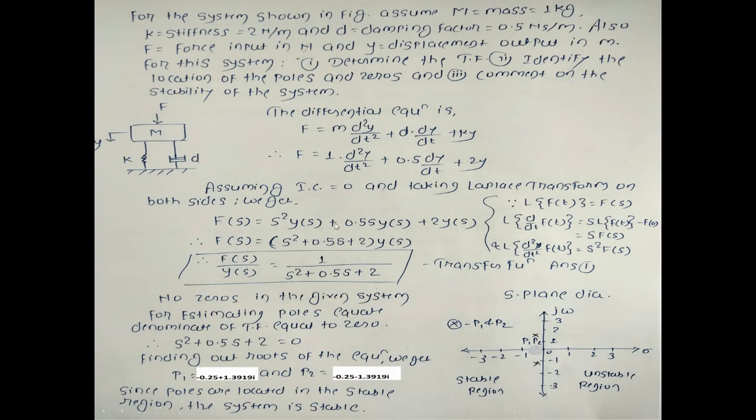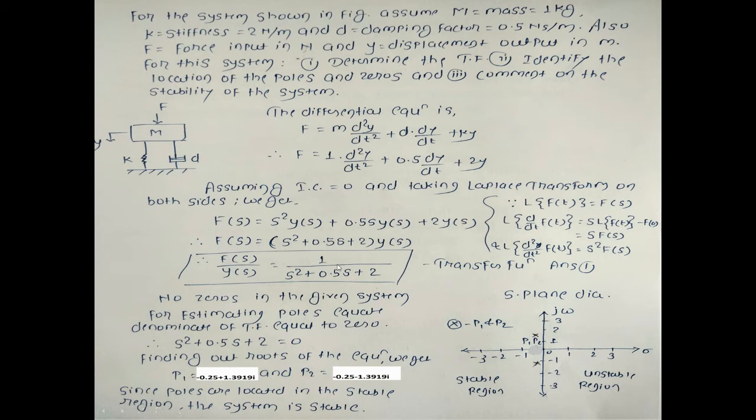Zeros can be found by equating the numerator to 0, so that the transfer function will be 0, and you find the roots of the numerator. Those will be the zeros of the system.